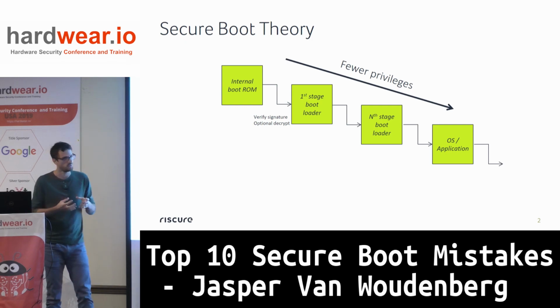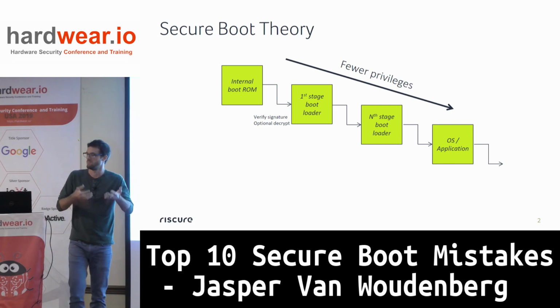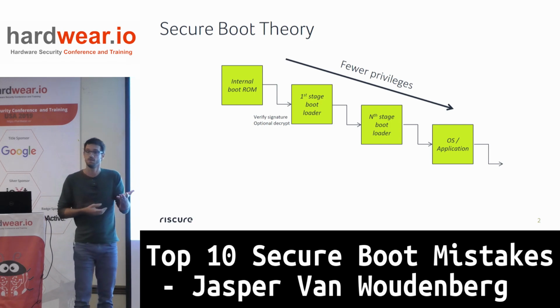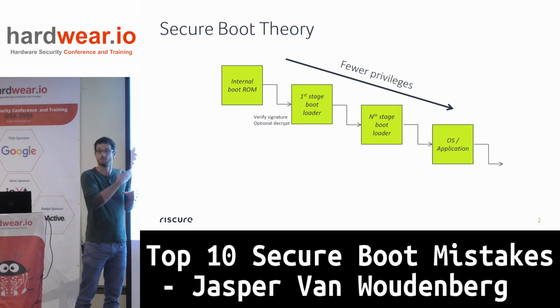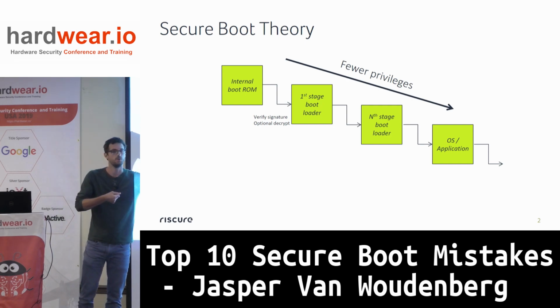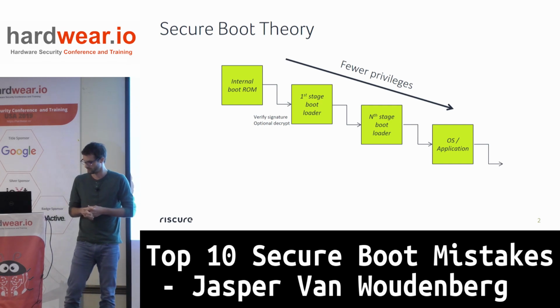But the internal boot ROM will have a part of the program that does a digital signature verification over some, usually flash, image that's going to boot next. That will do other initialization and then check the signature for the next stage. And so it goes all the way down to an operating system and sometimes even applications.